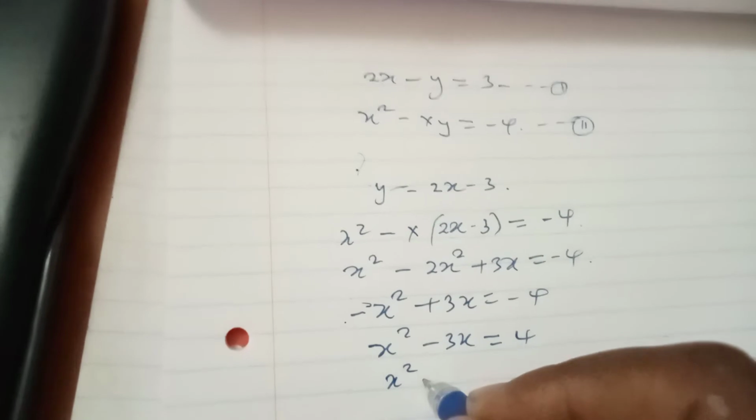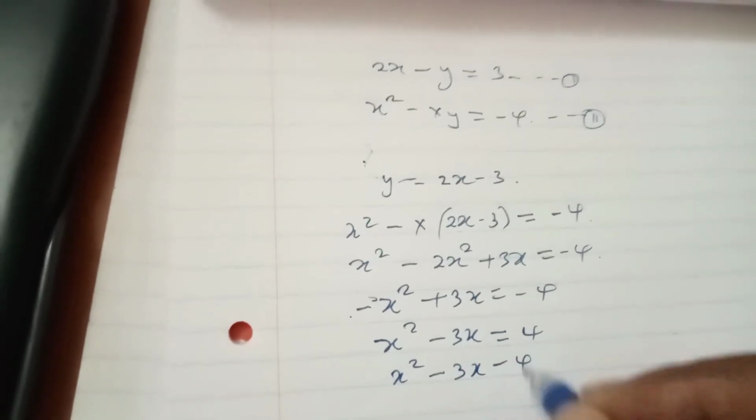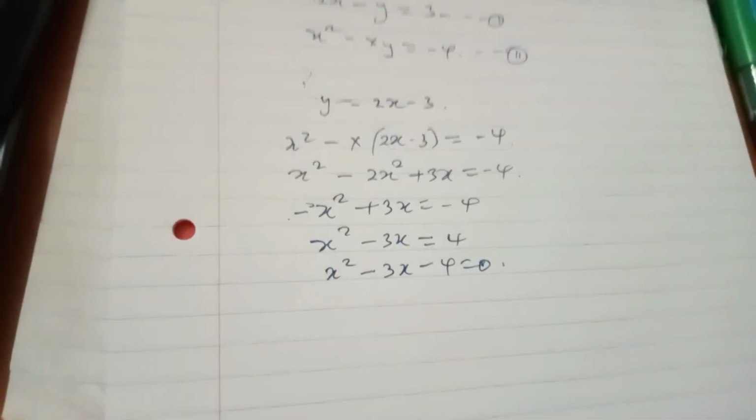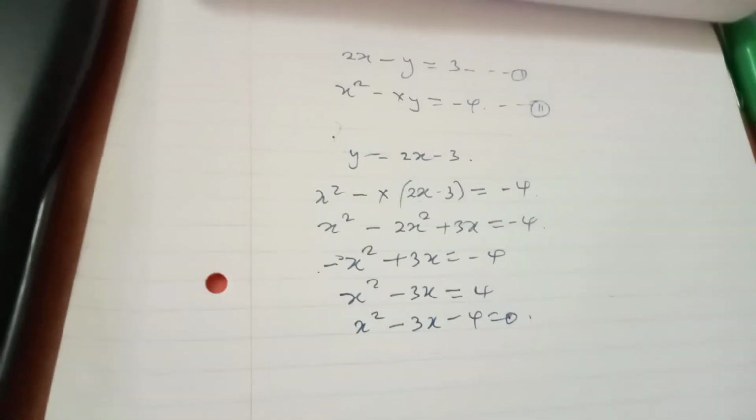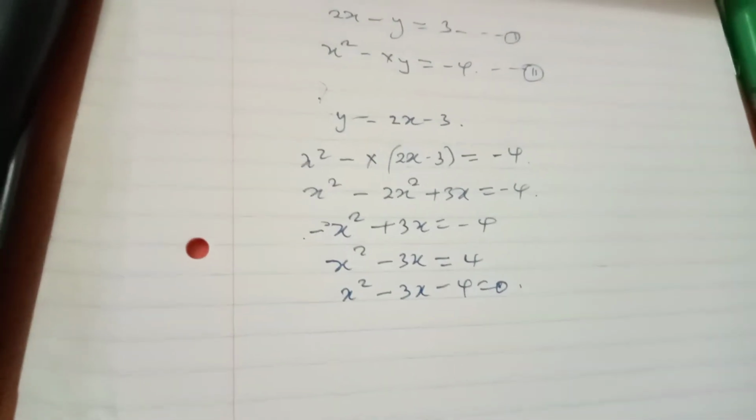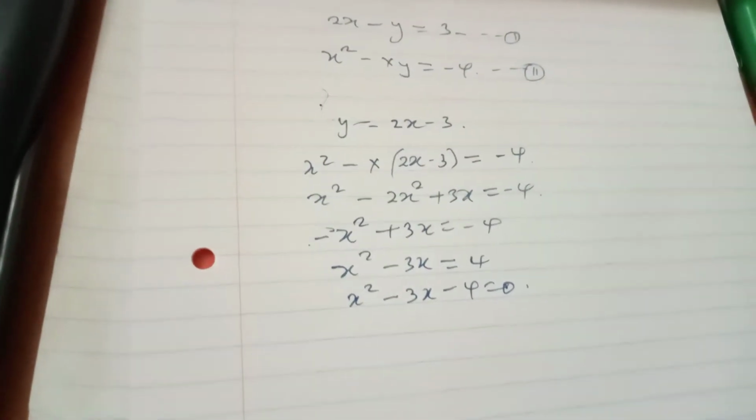And you now rearrange, you get this nice quadratic equation down here. So what you're going to do is to actually solve for the value of x, and when you solve for the value of x, you can now substitute in here and get the value of y.